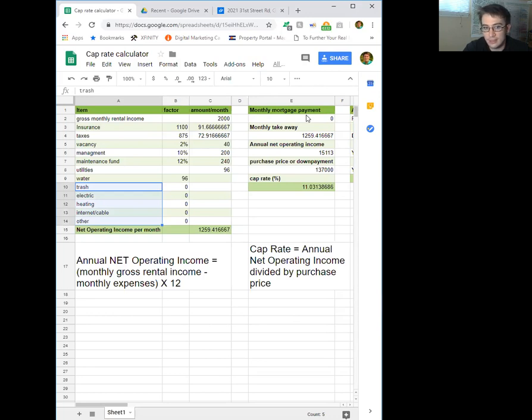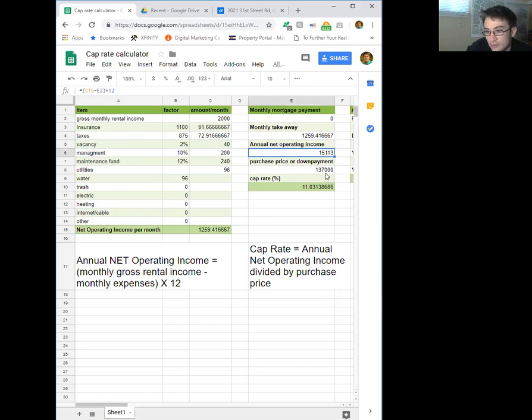When you're first searching for investment properties, you might not know what your mortgage payment will be, so a lot of times people don't include that in the formula. In this hypothetical example, I put 0, and obviously the monthly takeaway won't change in that case. You multiply that by 12, and that gives you your annual net operating income.